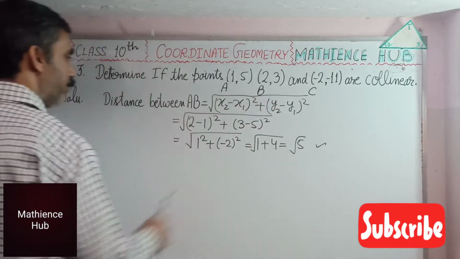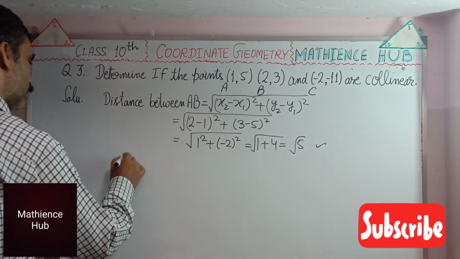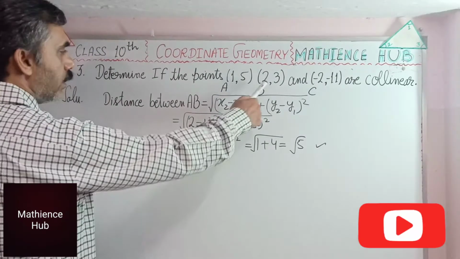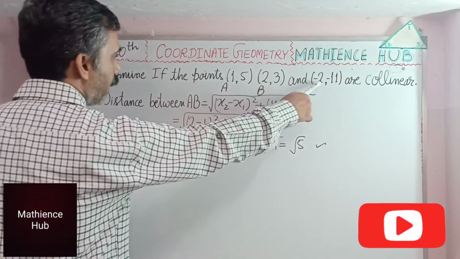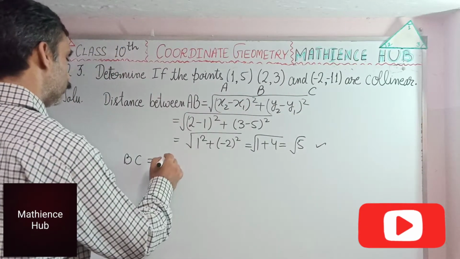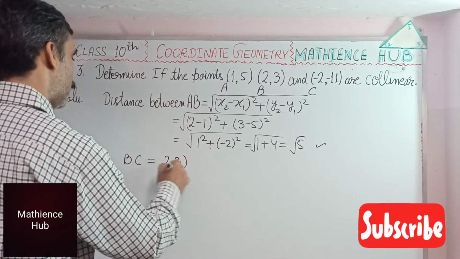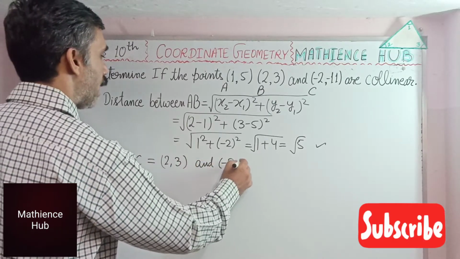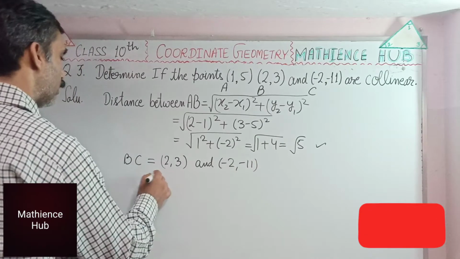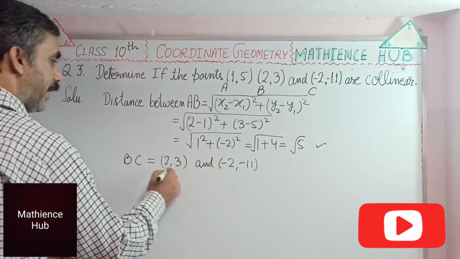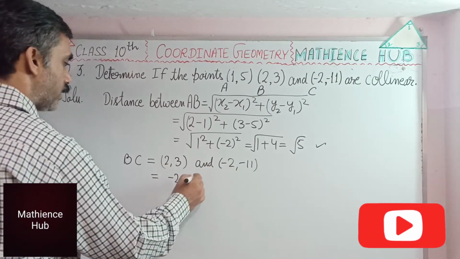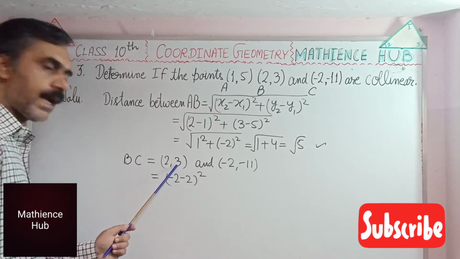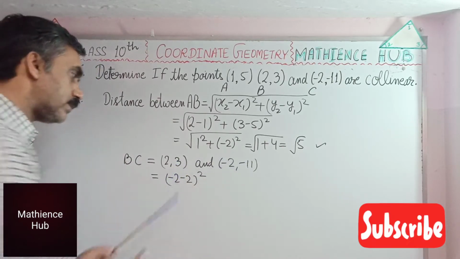Again BC. Using the distance formula for BC, coordinates are (2, 3) and (minus 2, minus 11). x2 minus x1: minus 2 minus 2, whole square. y2 minus y1: minus 11 minus 3.